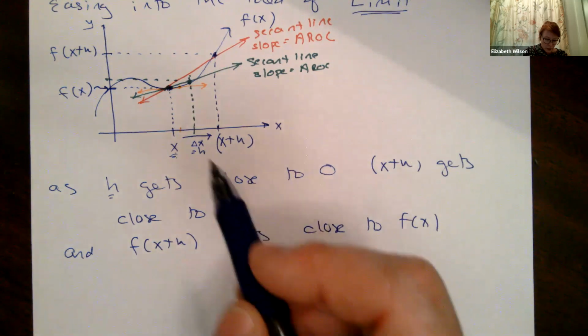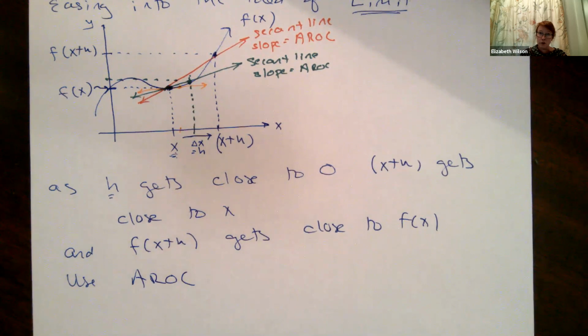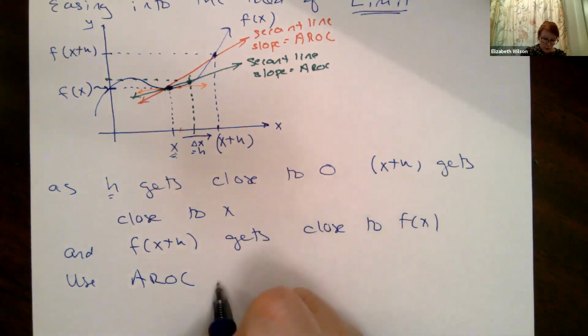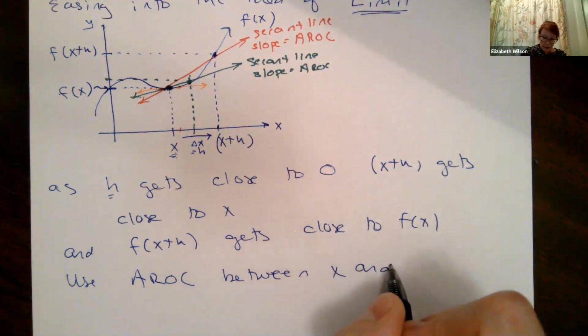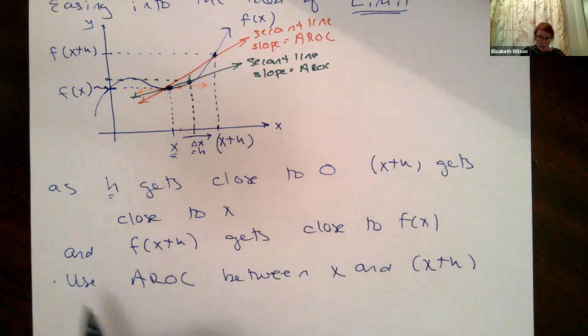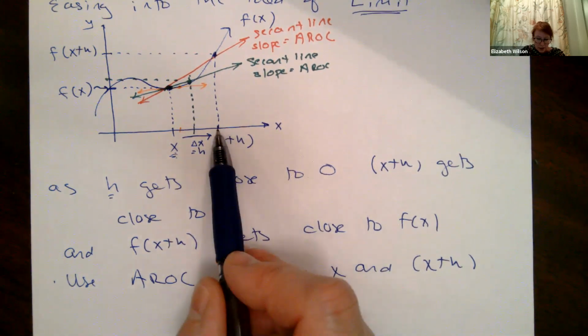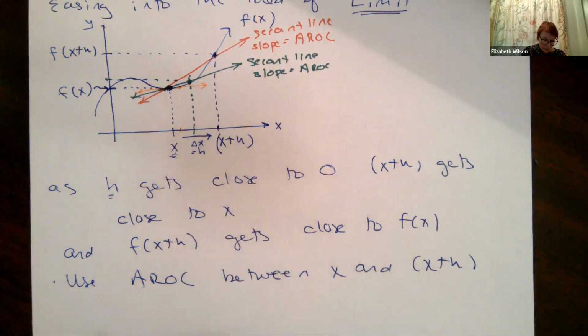So what we're going to do is use the average rate of change, okay, that's the slope of our secant line between x and x plus h, right? And I'm going to keep iterating this, keep calculating my average rate of change as I make h smaller, as I make that distance smaller and smaller and smaller.